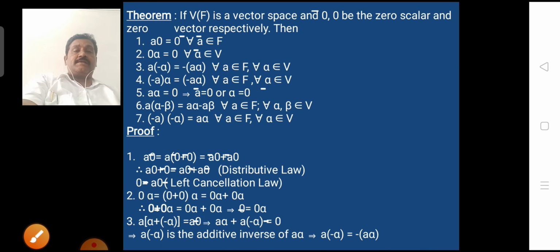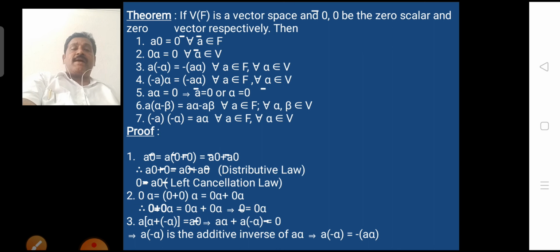Next theorem. If V over F is a vector space and 0, 0 bar are the zero scalar and zero vector respectively, then we have to prove 7 properties. One: A into 0 bar equal to 0 bar. Two: 0 into alpha equal to 0 bar. Three: A into minus alpha equal to minus A alpha.